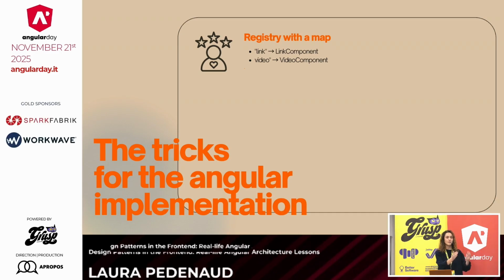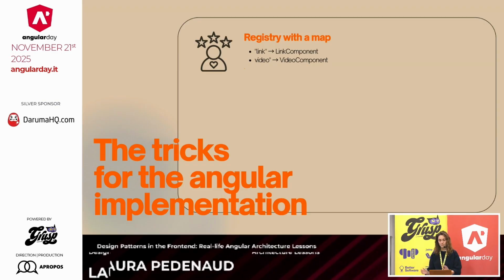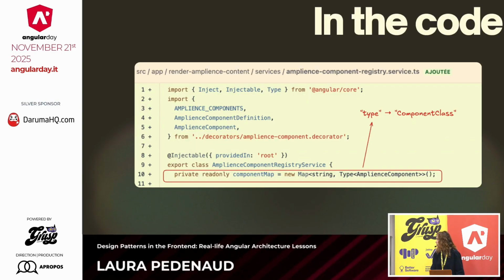We want to say that the link content type has to be rendered by the link component. That's it. In the code, it's just this. It's just a map that maps the content type from the CMS to the component class we want to render. This is the first brick of our implementation.